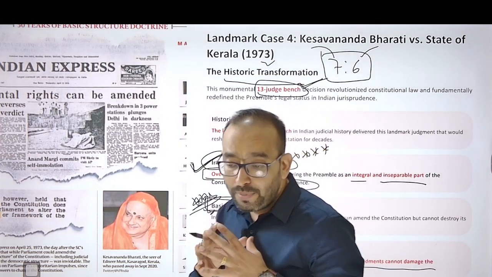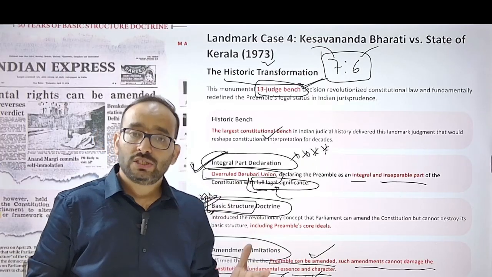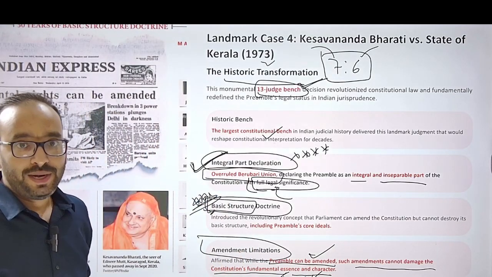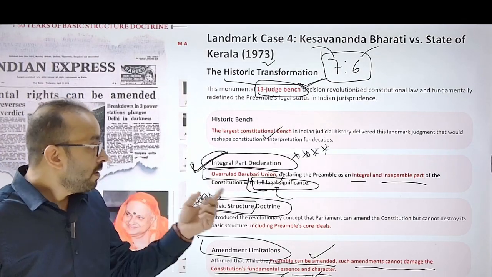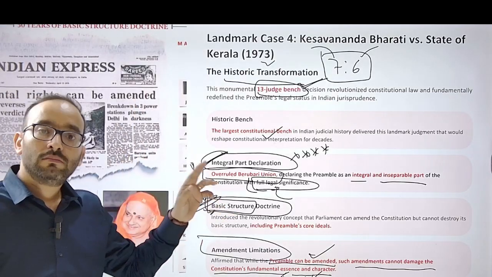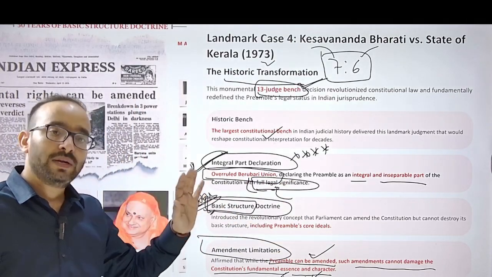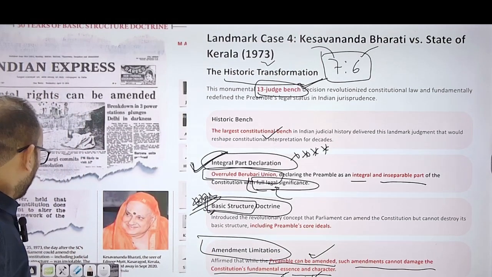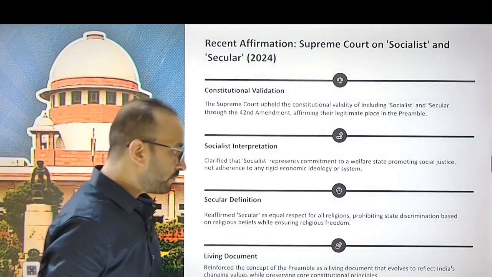When the preamble has promised justice, which is socio-economic and political justice, to all its citizens, that cannot be taken away. That foundational basis cannot be taken away. So it overruled Berubari Union, Kesavananda Bharati declared the preamble to be an integral and inseparable part of the Constitution. Yes, it can be amended subject to the basic structure doctrine. So this is what has been given by different landmark judgments.